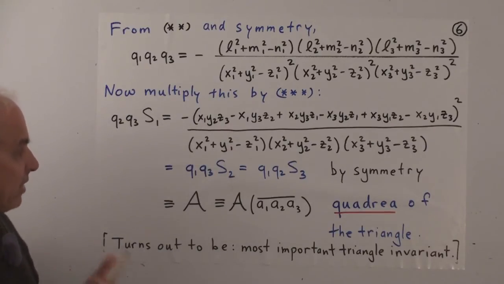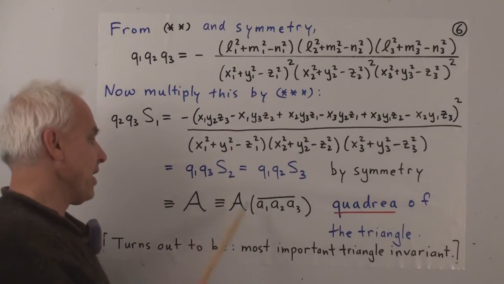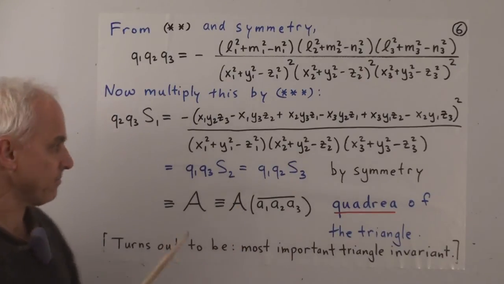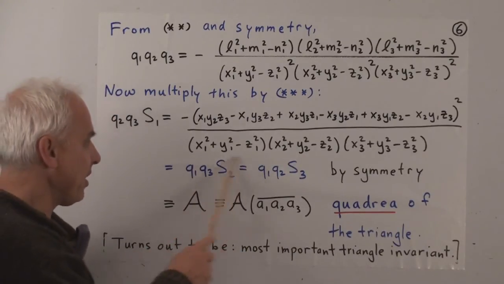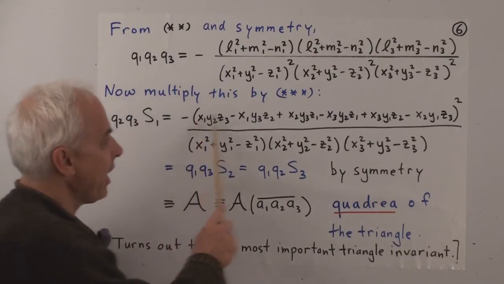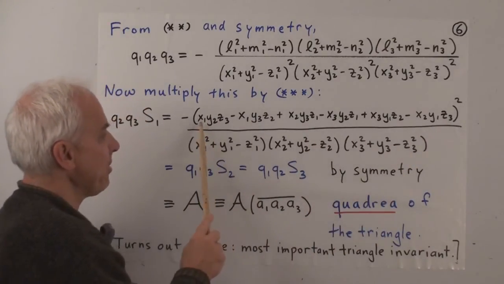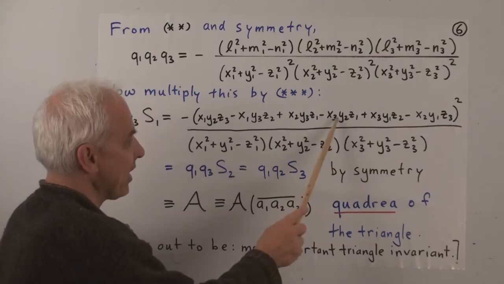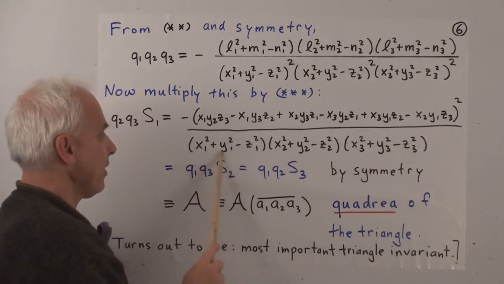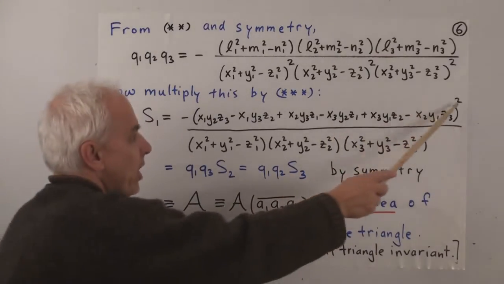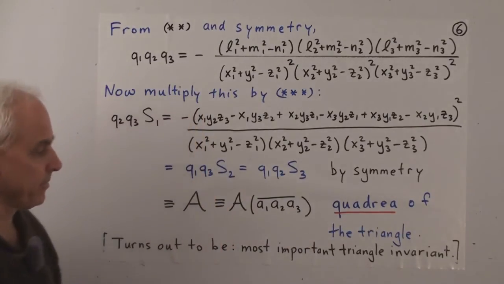And this thing is well defined because if you multiply, say, the coordinates of A1 by lambda, then this ends up being multiplied by lambda squared, and this expression inside gets multiplied by lambda because each of these terms has exactly one of these three terms in it, and when we square it, we get a lambda squared coming out.